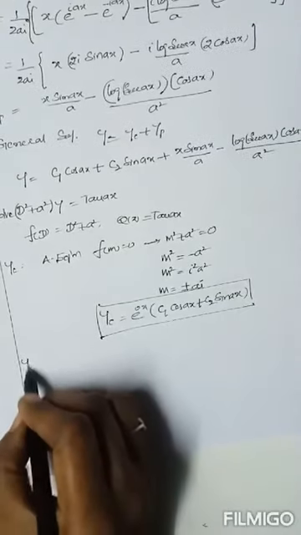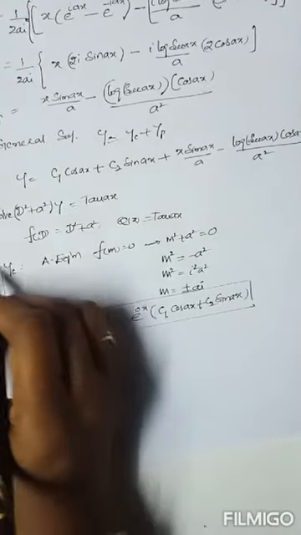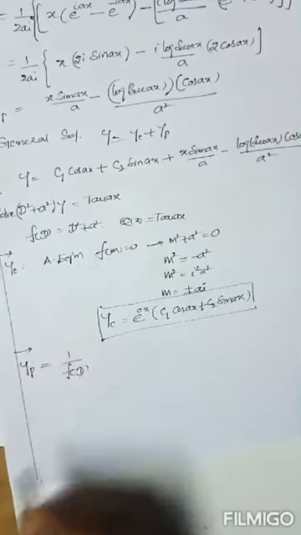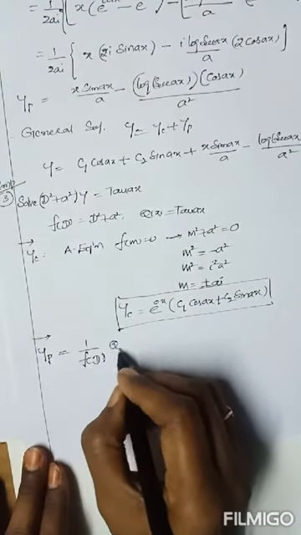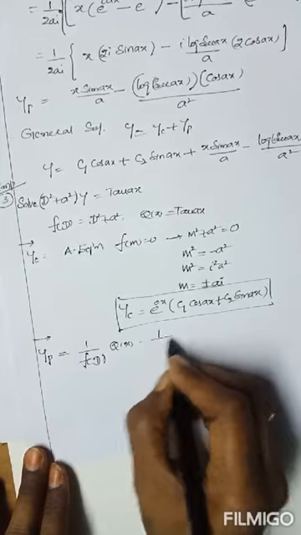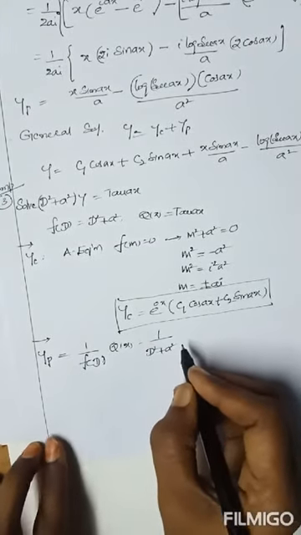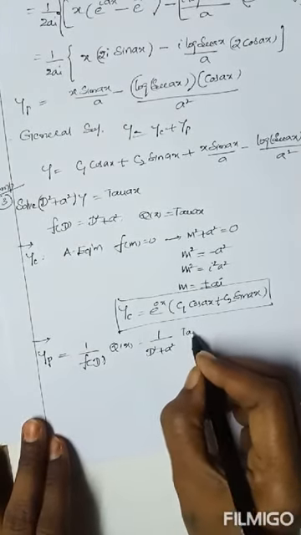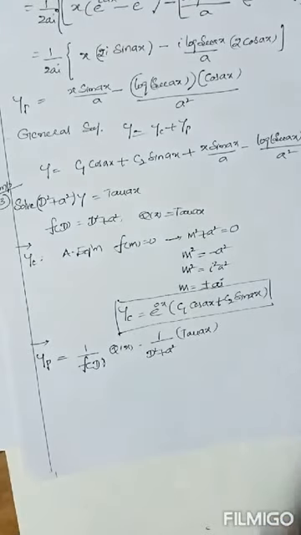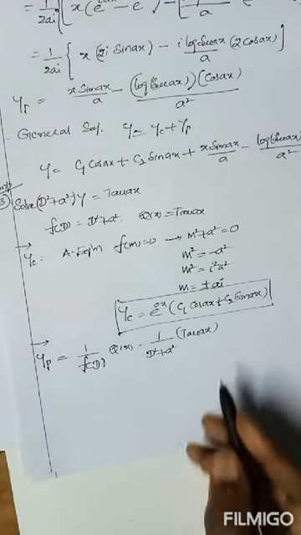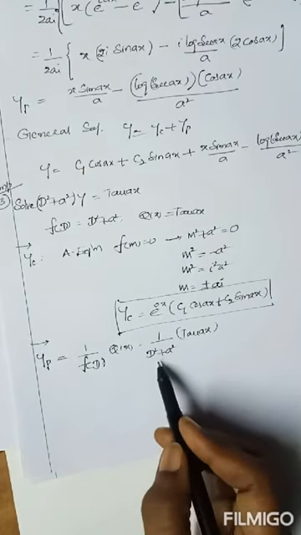Similarly, yp formula is 1 by f of d, q of x. 1 by f of d is d square plus a square, and Q of x is tan ax. Now this is also other than the standard functions, so this is general case related. As per procedure, write the product of the factors.